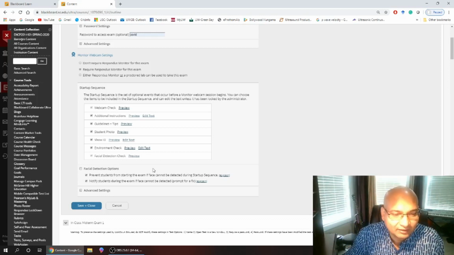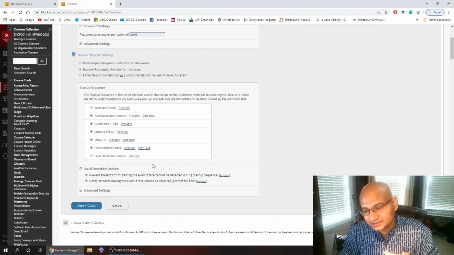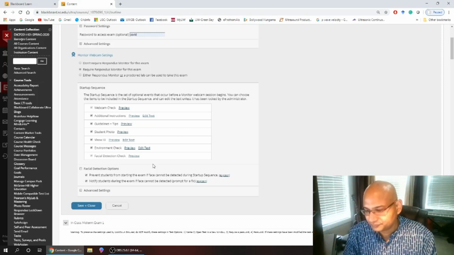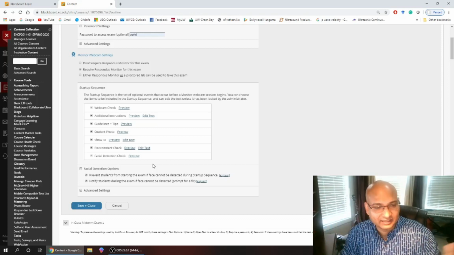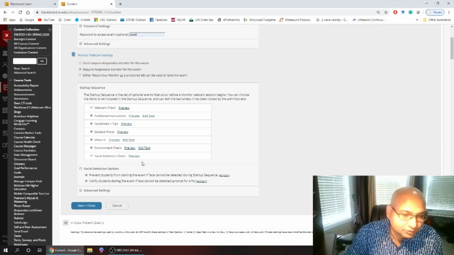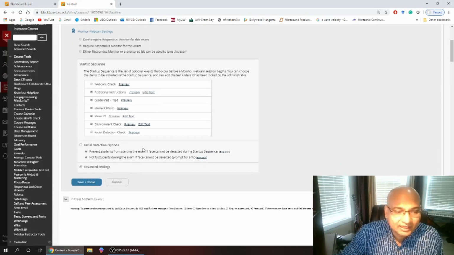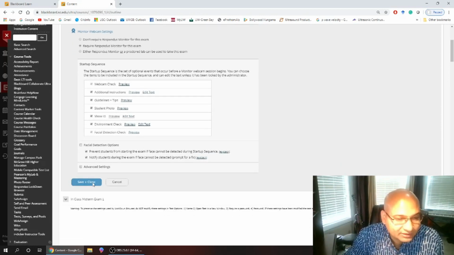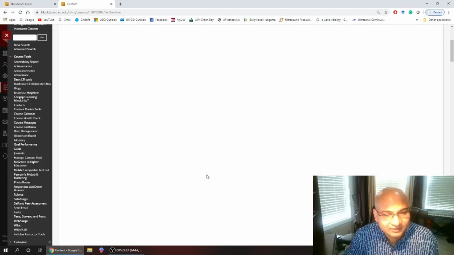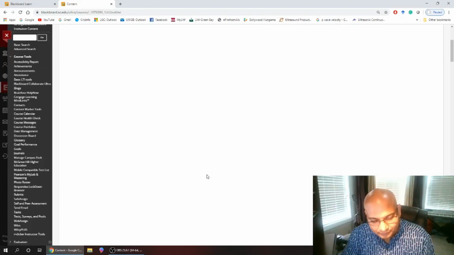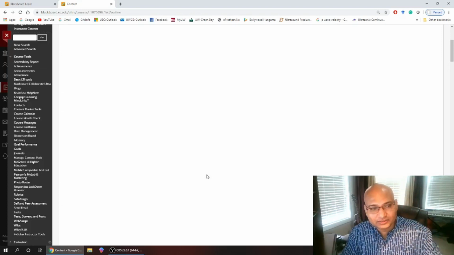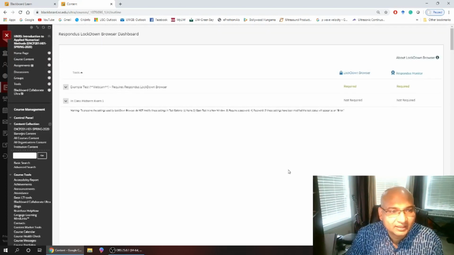It is relevant for small classes, for 10 to 12 students, but for large classes I think it is very hard to do, but these are the options we have. So I will say save and close. Then this exam is all set with Respondus LockDown Browser, where students can take the exam, and as it says, it's required.